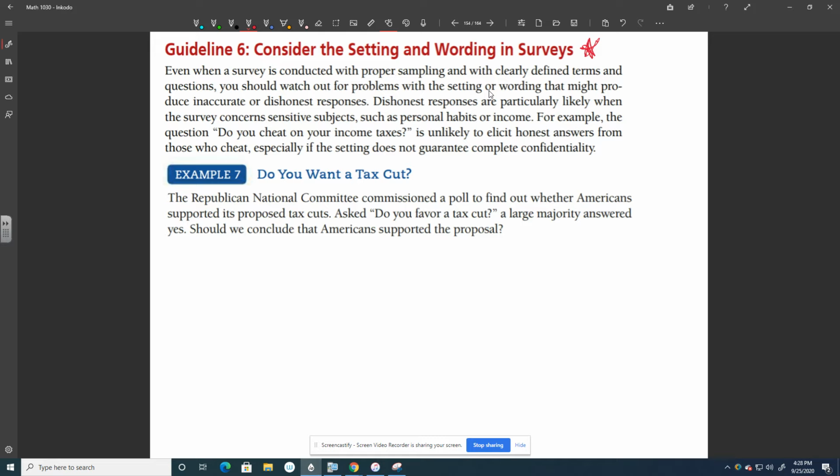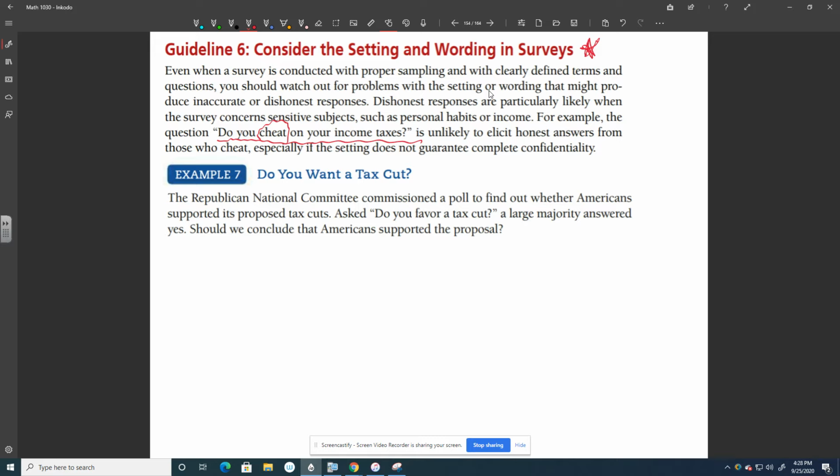And sometimes if you pick an answer, like the example here is, do you cheat on your income taxes? If you say yes, not only are you admitting that you did it, but the wording, did you cheat, has a very negative connotation, right? You're admitting, hey, I did something I wasn't supposed to do.